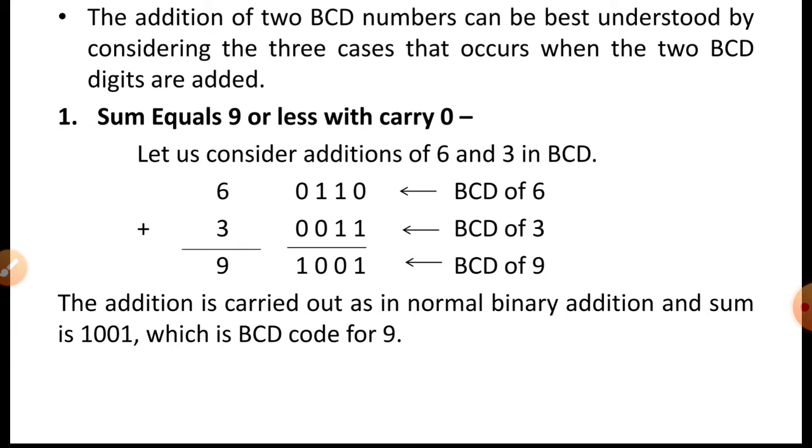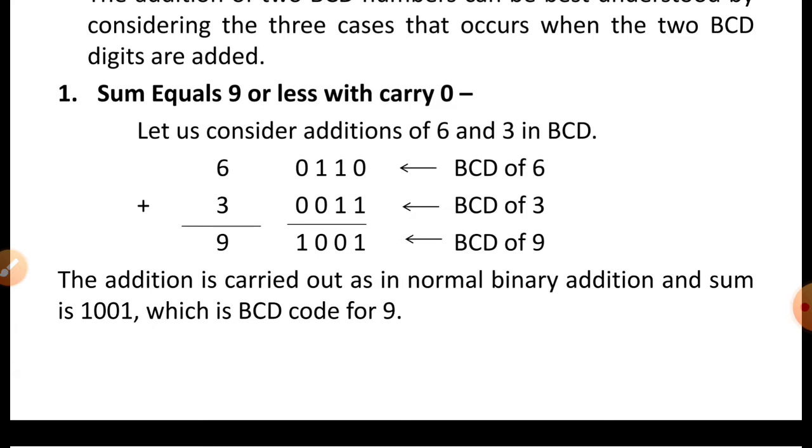The first case is whenever we add two BCD numbers, the sum is equal to 9, meaning decimal 9, or less than 9, and there is no carry at all. For example, suppose we have to add two BCD numbers, 6 and 3. We convert 6 into a binary number and 3 into a binary number, and when added, 6 plus 3 is decimal 9, and the result will also be in the form of decimal 9.